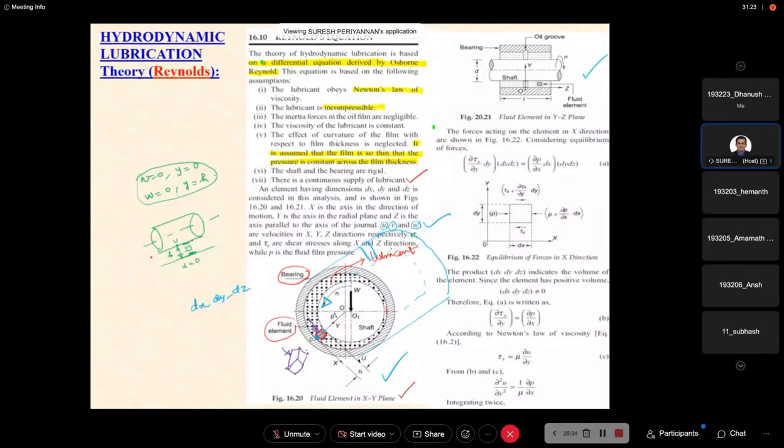The same fluid element I have drawn here. Now what type of load is here? I am considering this as A and this region as B. Is region A subjected to normal load or shear load? Please tell me.